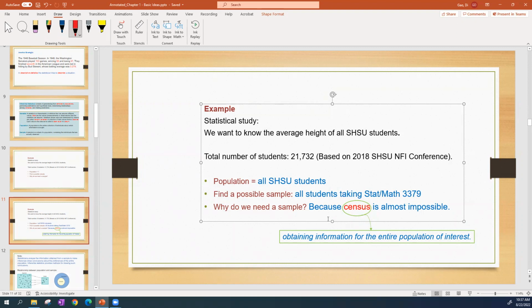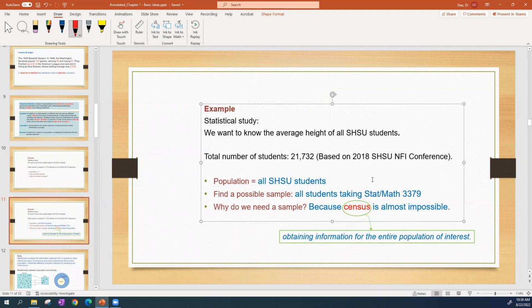Why do we need a sample? Because census is almost impossible. Census means obtaining information for the entire population of interest. We want to know the average height of all SHSU students, but surveying every single student is almost impossible.